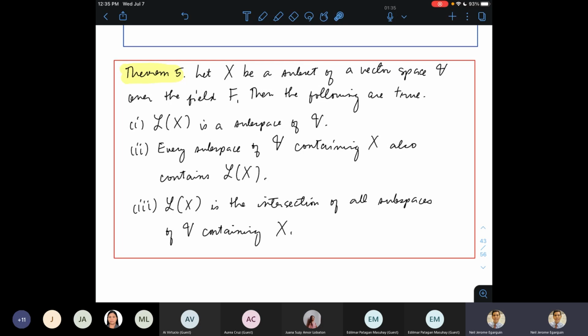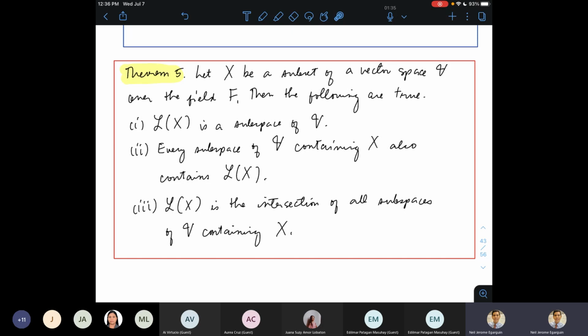Theorem 5 tells us that if you select any non-empty set X, then you take all the possible linear combinations of members of capital X, then what you'll get is a subspace. And it's not just that.